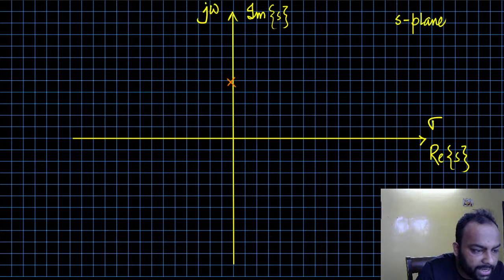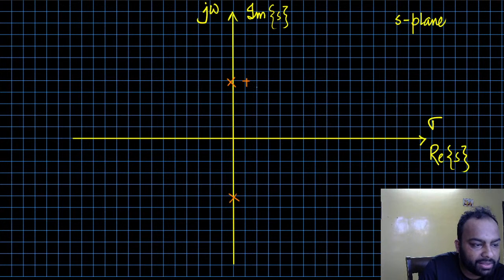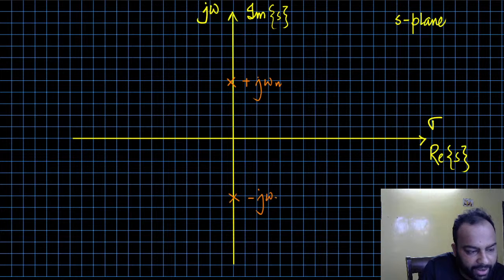So say here is one pole, and here is another pole. So this is denoting an undamped system, right? Now of course these values, so this is plus j omega n and this would be minus j omega n.